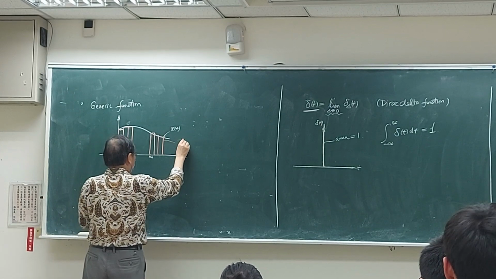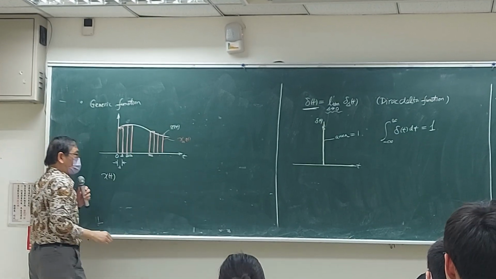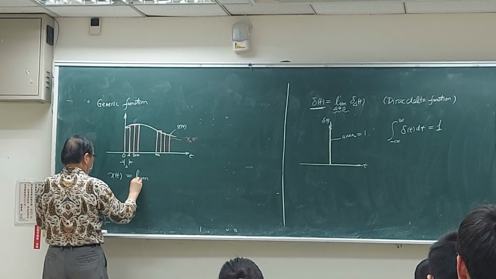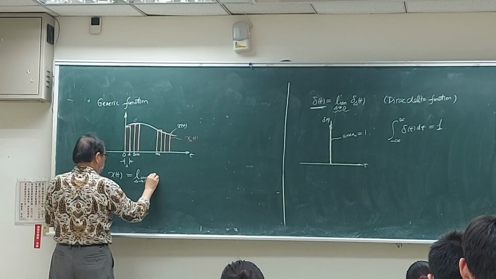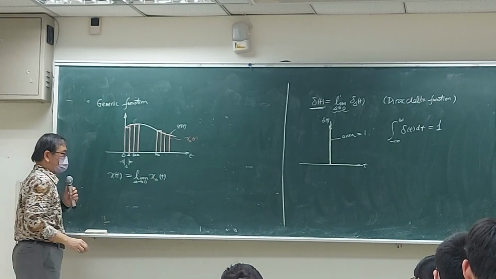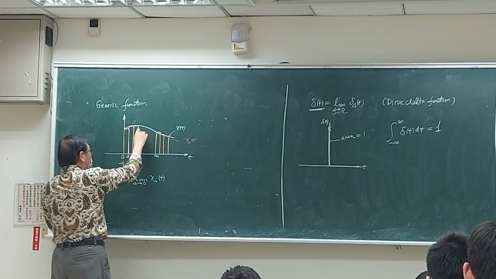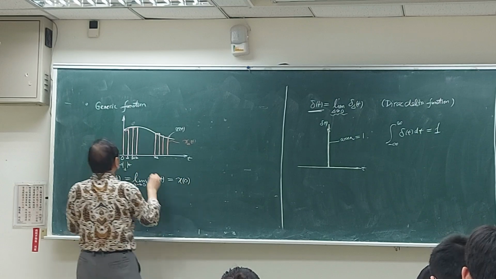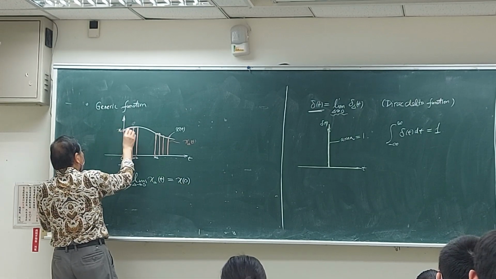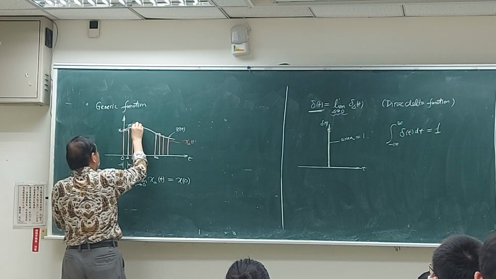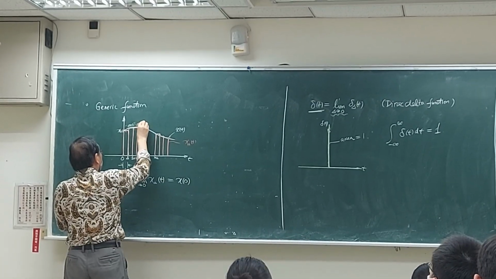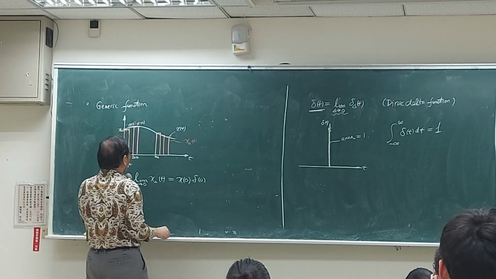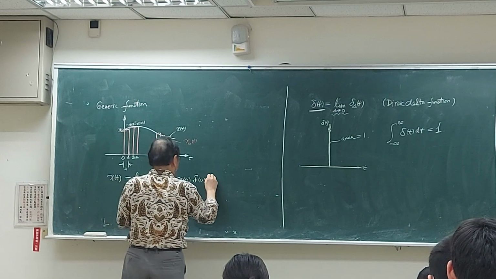Okay, this is a staircase. Let us see what is the limit. Well, what is the x of t? I divide it into many small strips. So this is x of 0, and this is x of delta, and this is x of 2 delta. This is delta times the delta function at 0, and then times the delta.